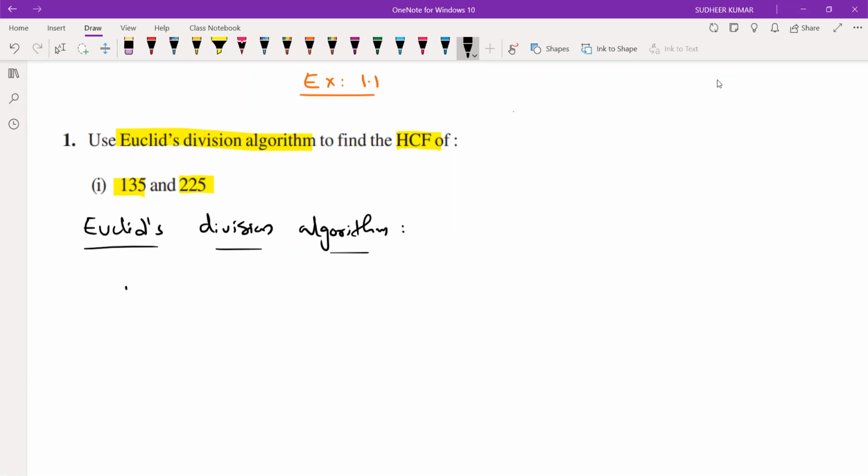At least we should write a equal to bq plus r, where 0 is less than or equal to r less than b.